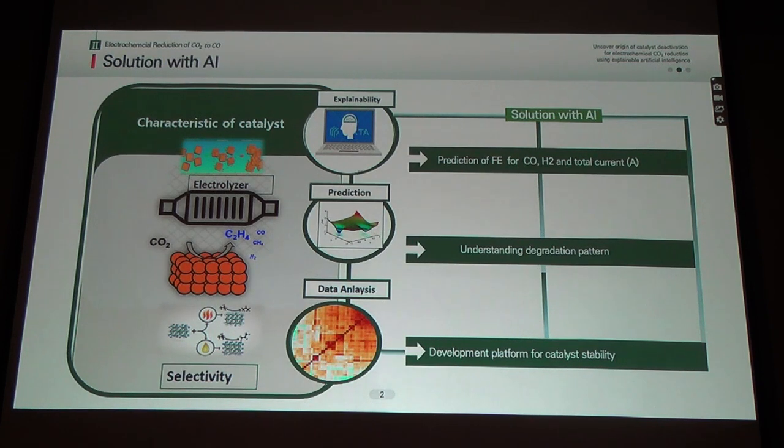And apart from that, we can understand the long-term degradation pattern of the catalyst. This is really important, especially in terms of commercialization. So we can create, using a huge, large data set, a development platform for catalyst stability.